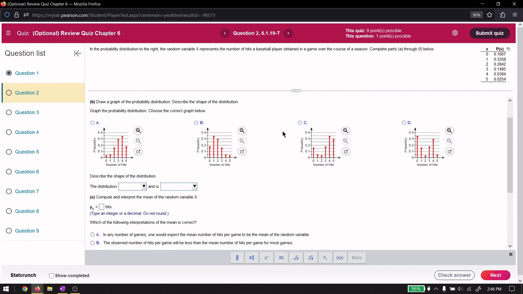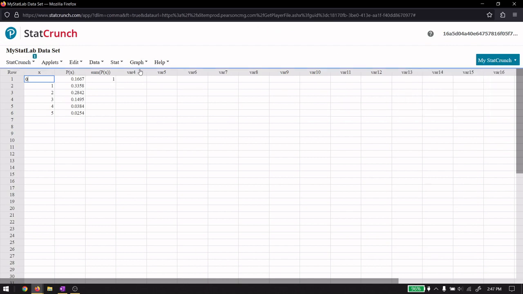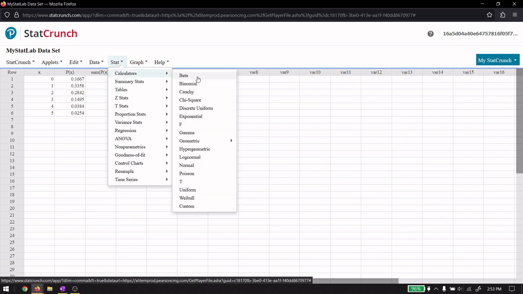Okay, now I want to graph the probability distribution. And we already have it in StatCrunch, so let's go ahead and use this to graph it. So, to graph this, we can look at this as a custom calculator, because what we have here are individual quantities with certain weights or probabilities to them.